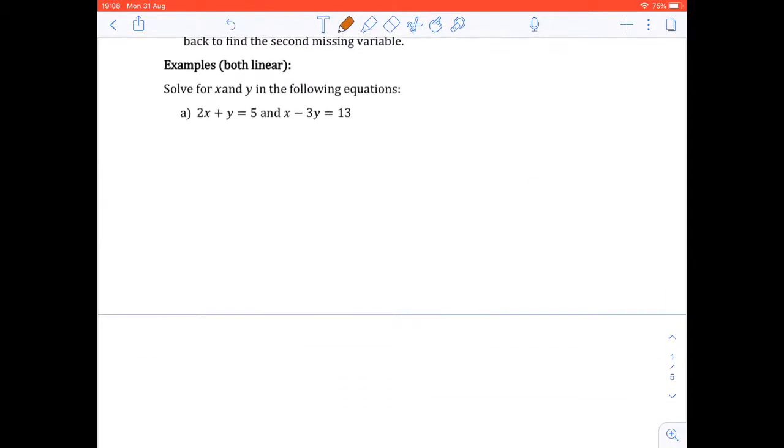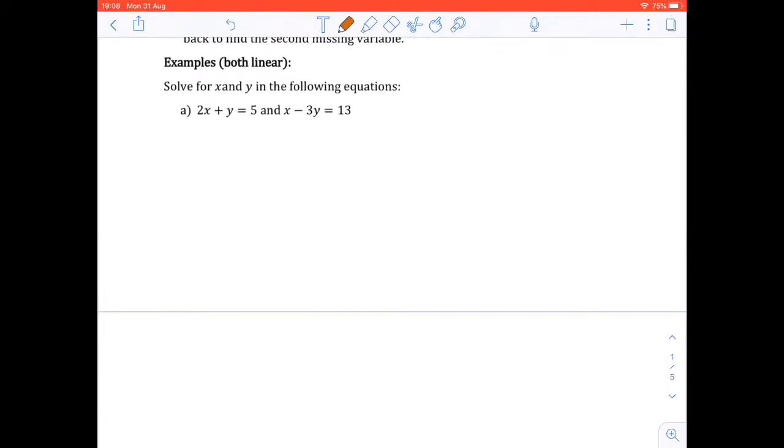So we're first going to do examples that use linear equations, and then we'll move on to more challenging ones where one equation is quadratic and the other is linear. The first step is to look at your two equations and decide which one you're going to make the subject of the formula first.